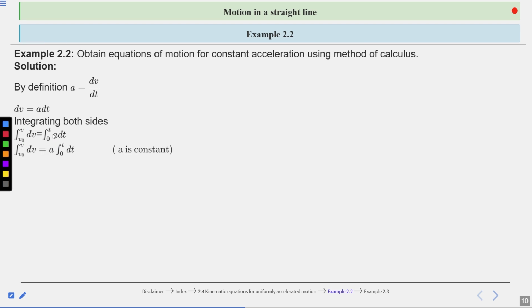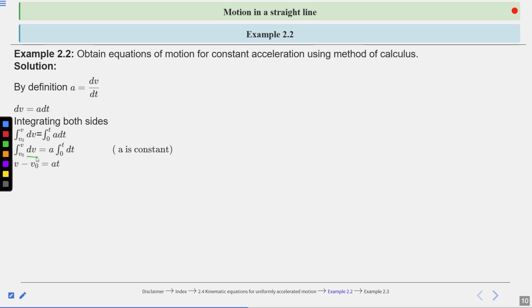Here a is a constant according to the question, constant acceleration. So a comes outside. The remaining term is the integration of dt, with lower limit 0 and upper limit t, meaning time 0 to t.